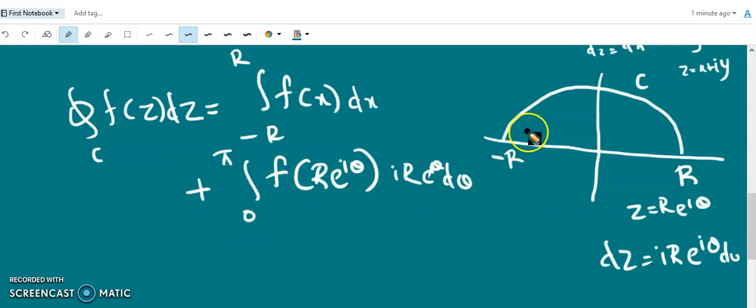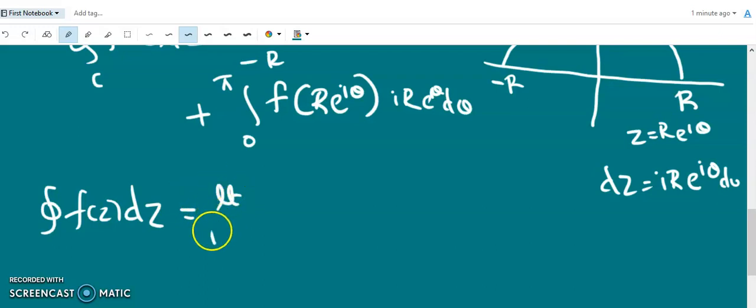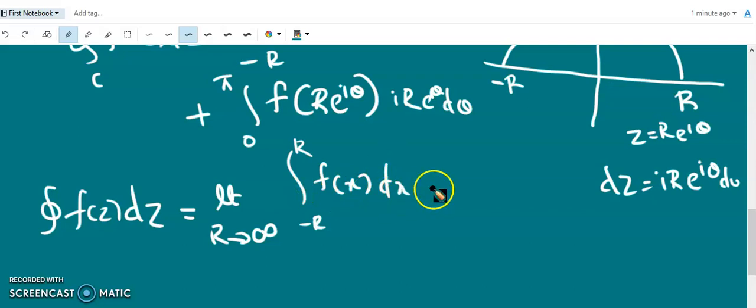So now we let the radius of the semicircle go to infinity. Then this closed integral of f of z dz equals the limit as r tends to infinity of the integral from minus r to plus r of f of x dx.